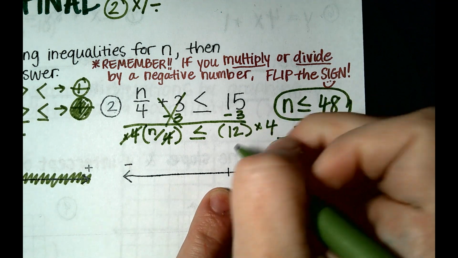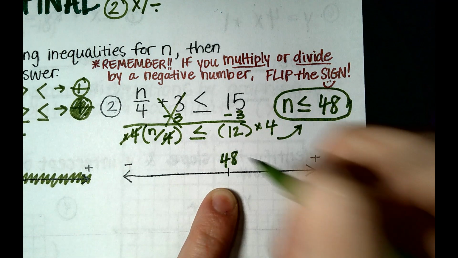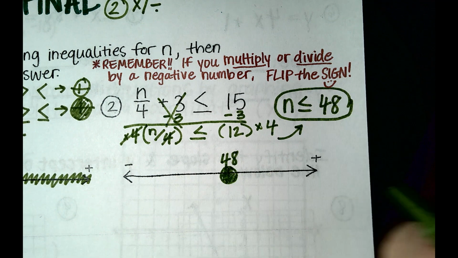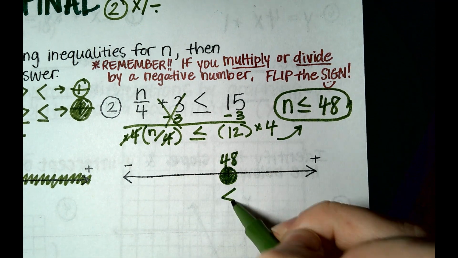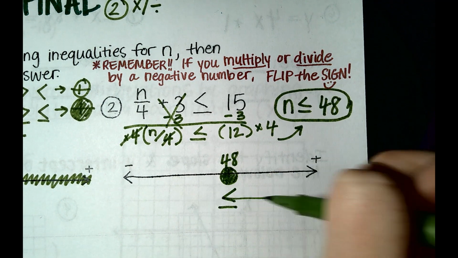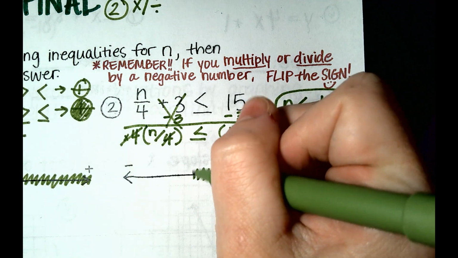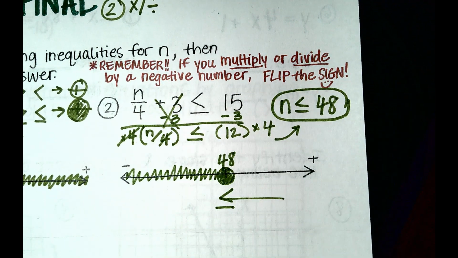Yep, 48 goes right here. Yes, circle it, shade it. Perfect. And then we have less than or equal to. If I made it look like an arrow, that arrow points left, so we shade to the left.